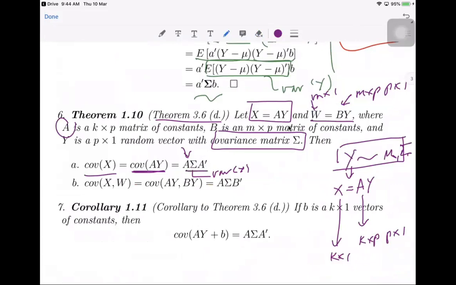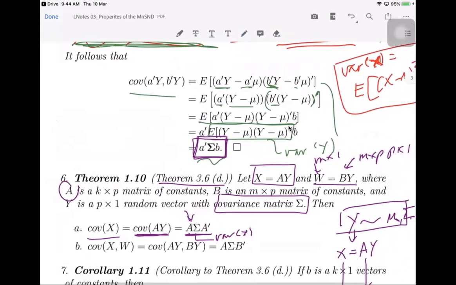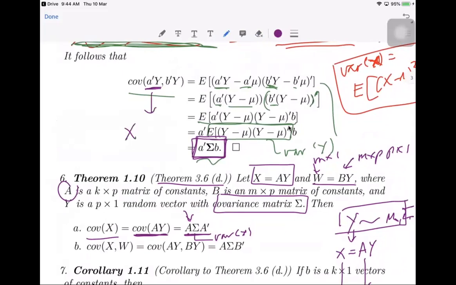So similarly, they have the same result except that it is pre-multiplied by your matrix A and post-multiplied by the transpose of A. And for this particular example, wherein the transformation on Y is two variables, if this is your X, A prime Y, and this is your Z, which is B prime Y, then the covariance of X and Z will be equal to that.